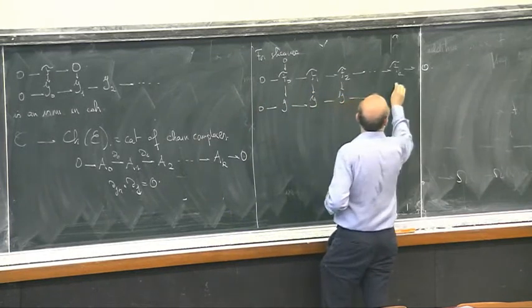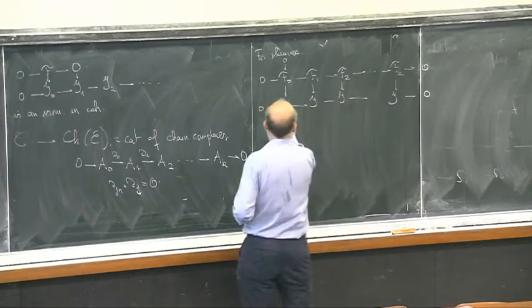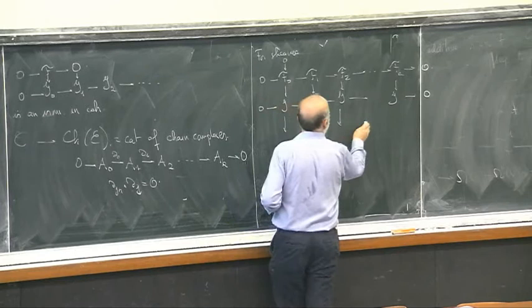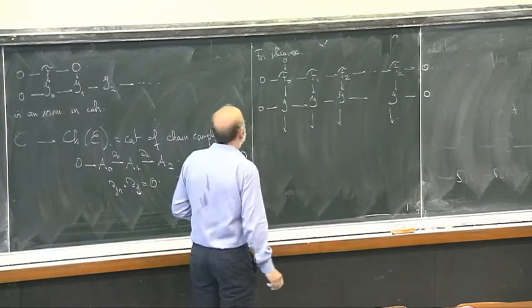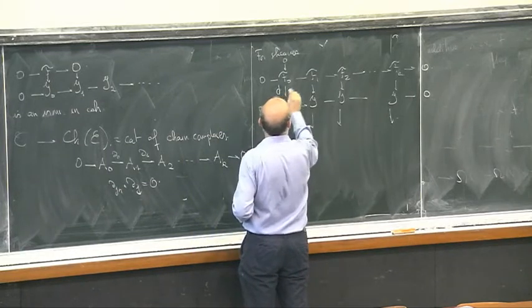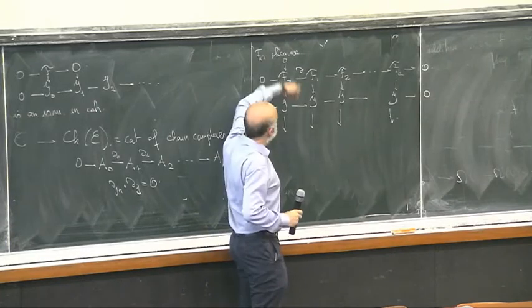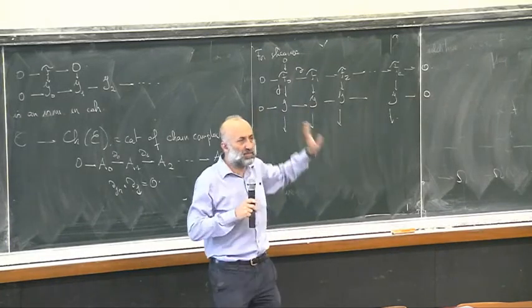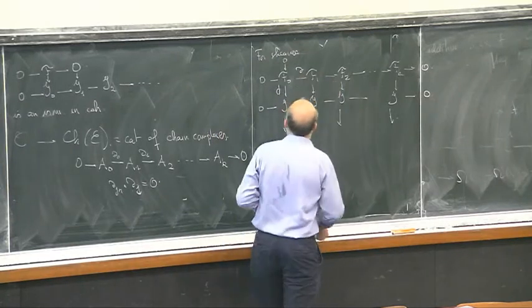I have to get the indices right, but let's say this is a d map, this is a delta map. So each vertical direction is a resolution. Actually, you have to ask a more complicated condition than that. But all these are resolutions.